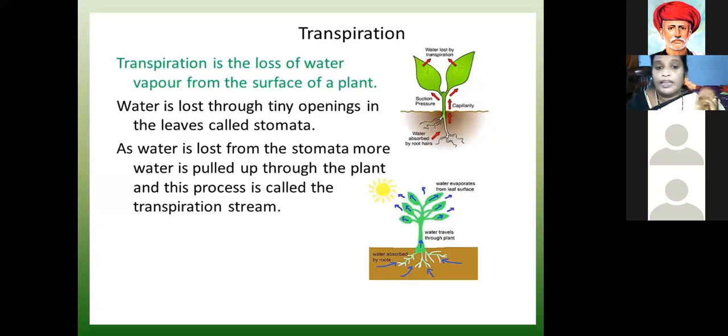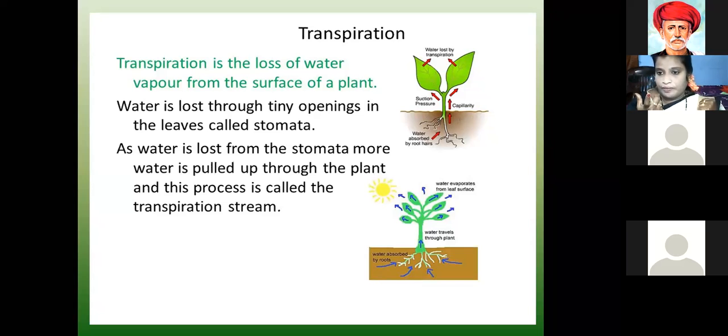Okay, ma'am. Next, water is lost through tiny openings in the leaves called stomata. Already we know the leaves have tiny openings, small openings, which we call the stomata. Stomata is the main part during the summer. It helps in transpiration, nutrition, respiration.